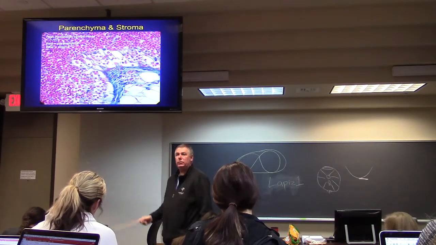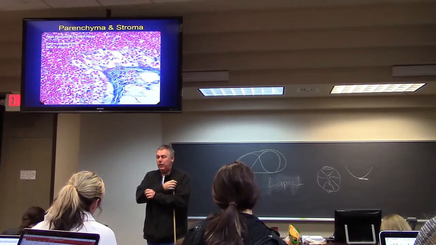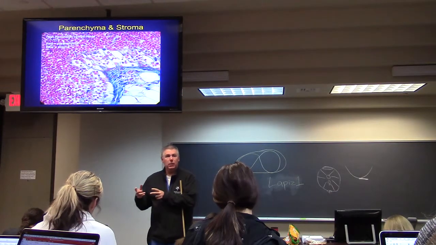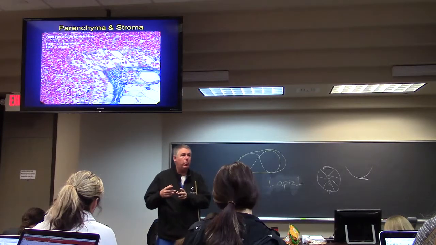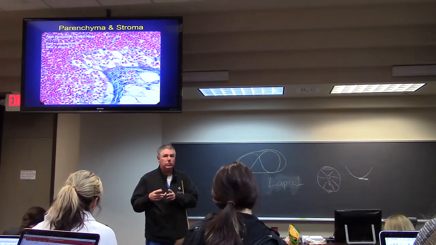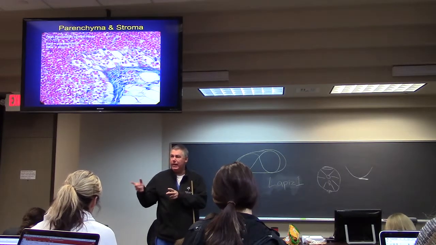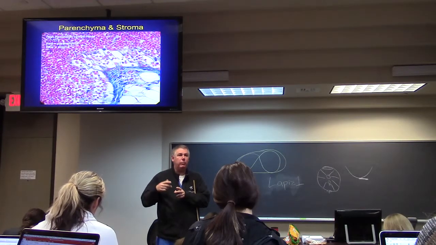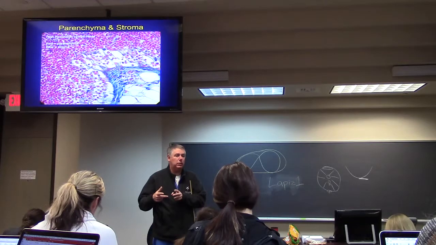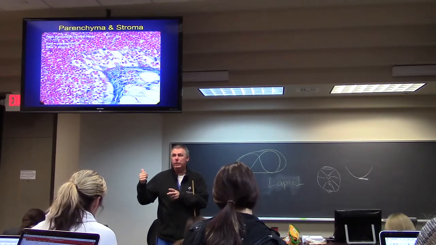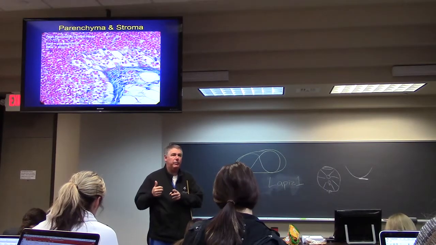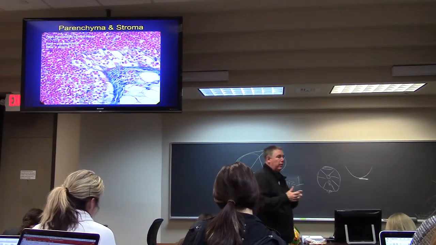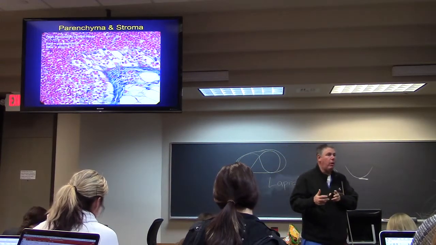The stromal cells are called reticular cells. They come together and form giant cells. These giant cells are called Reed-Sternberg cells. Reed, R-E-E-D hyphen Sternberg. The presence of Reed-Sternberg cells, which is made up of stromal cells, on a biopsy of a swollen lymph node is pathognomonic for Hodgkin's lymphoma.